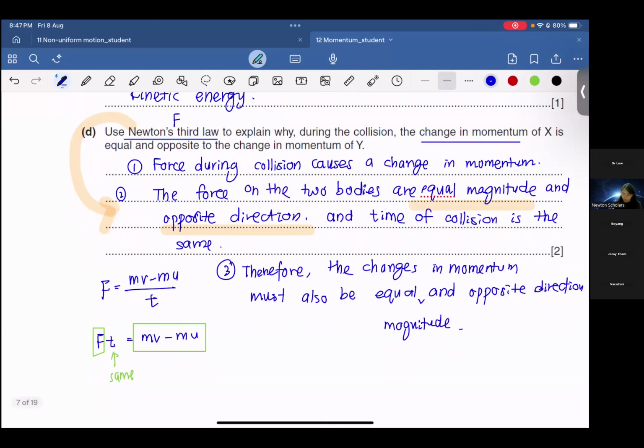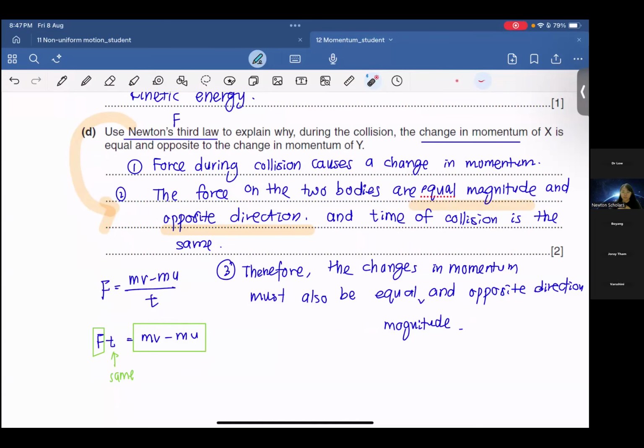Okay, they're asking you why momentum x and y are equal but opposite direction. So they ask you to relate it with Newton's third law. Newton's third law is talking about the force acting on two objects. They're having same force but opposite direction, same magnitude of the force.